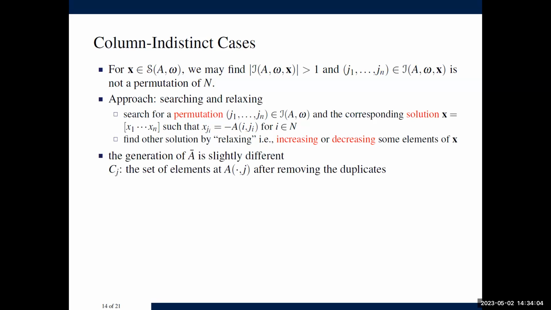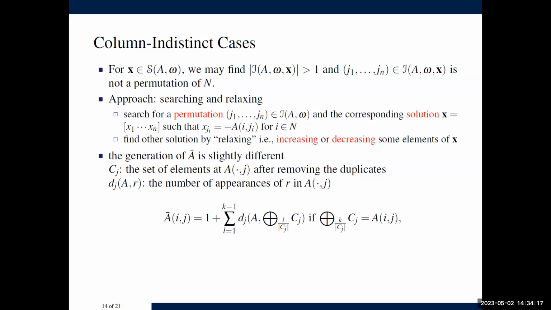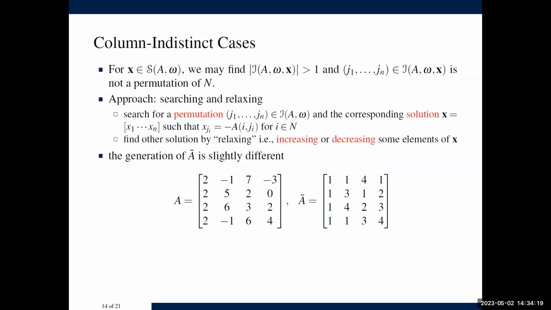The generation of matrix A bar is slightly different. Why? Because the columns of matrix A now have several duplicates. I think this is easy to explain by example. Now we have this matrix A, which is 4 by 4. There are some duplicates in the first and the second columns.